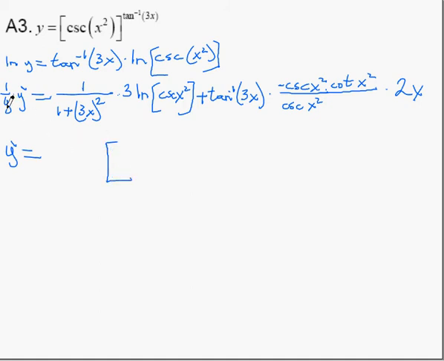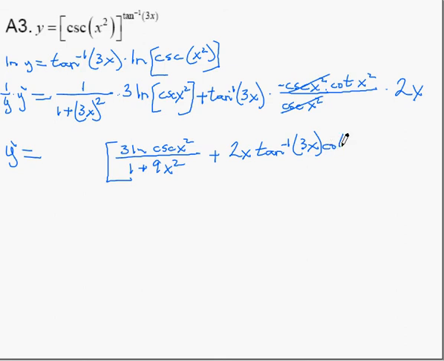I'm going to leave space there because this y came over. So we need our function here. Right here we end up with 3 ln of cosecant of x squared over 1 plus 9x squared, plus, these can cancel here, we get 2x tan inverse of 3x multiplied by cotan of x squared.